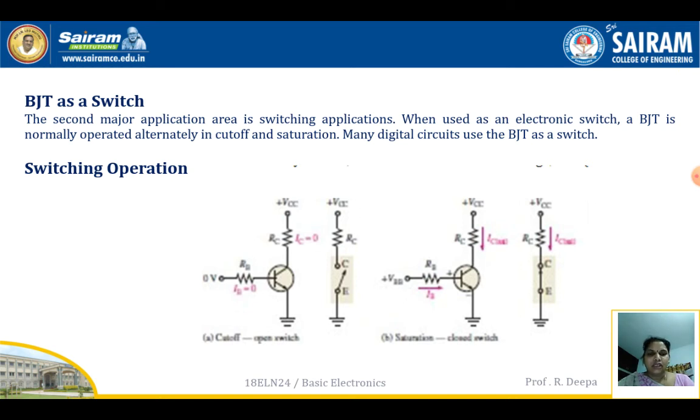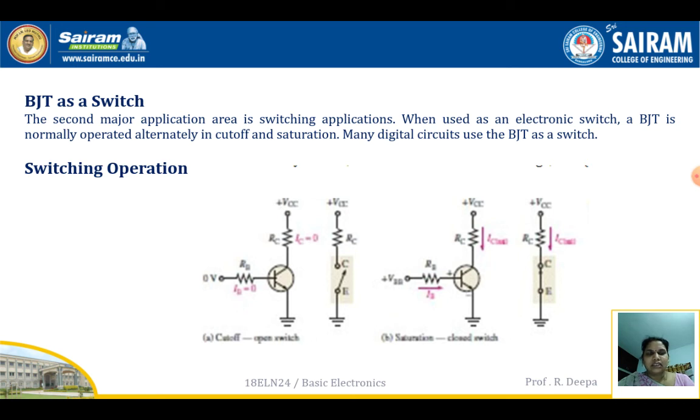And coming to the closed switch, we need to operate the transistor in the saturation mode. So for that we have to bias the transistor. The transistor is biased with the help of the bias voltage V, which is applied to the base of the transistor. This bias voltage is enough to make the transistor operate in saturation region.